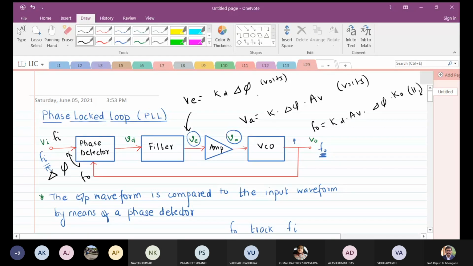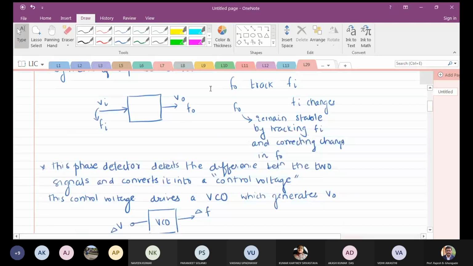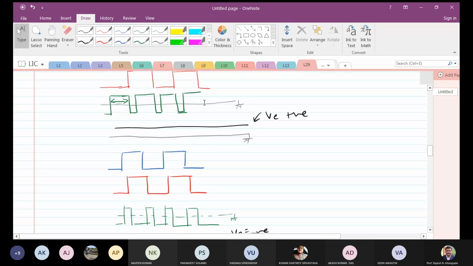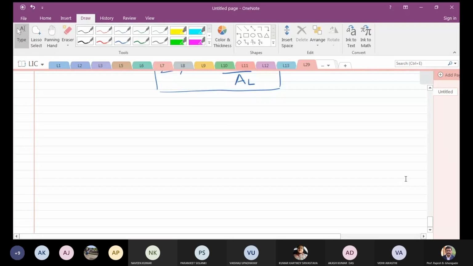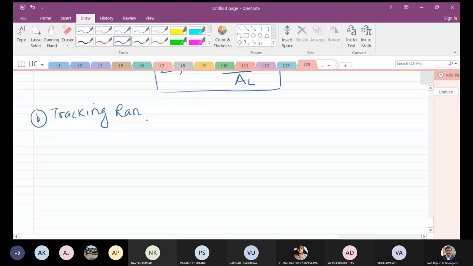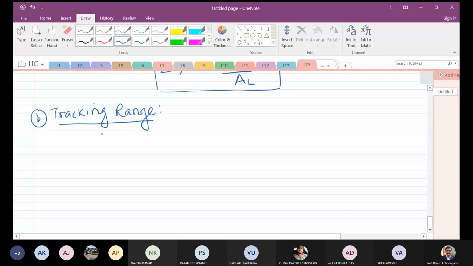Okay, so this is one important parameter, that is the loop gain. Another important parameter is the tracking range, the concept of tracking range. So when Fi, that is input to your PLL, changes, Fo also changes to follow or track Fi.